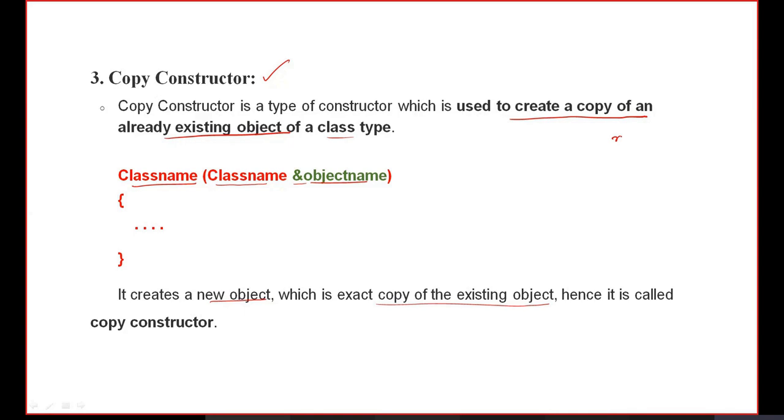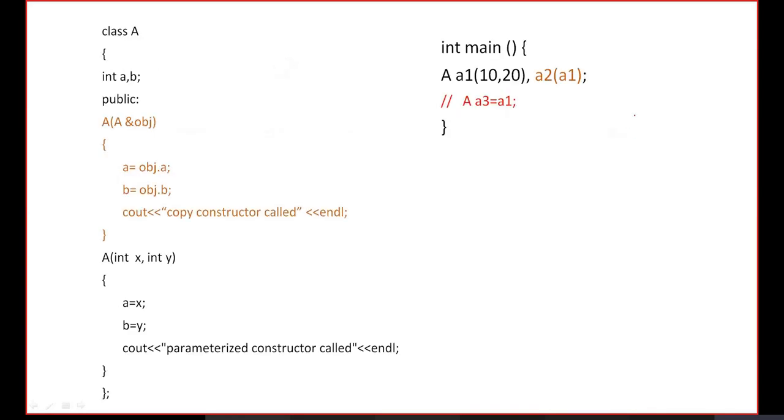Now how do we invoke it? We have an example over here. Here I am having a copy constructor. The name of the class is A, so my constructor name is A. Like a parameterized constructor was going to accept two integer values, here the copy constructor is going to accept which type of values?